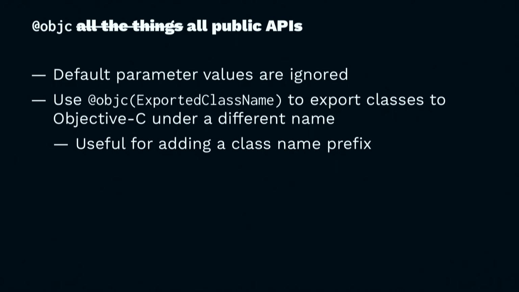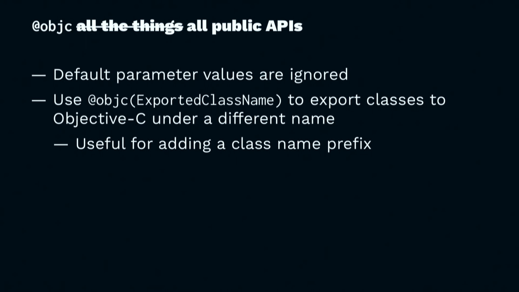And finally, in Objective-C, we have this pattern of prefixing class names with a two, three, or four-letter prefix. We do this because Objective-C classes exist in a global namespace in the Objective-C runtime. So you have this danger where if you use unprefixed class names, potentially you'll have some other library in your app that might be using a class of the same name, and then you get a runtime collision.